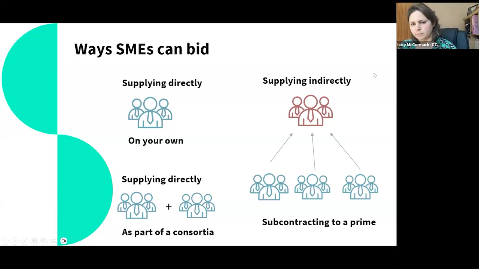And to find out about subcontracting opportunities, you can look on CCS's website and select search agreements. And when you find an agreement you think would be a good fit for your offerings, you can click on it, go to products and suppliers, and there'll be a list of all of the prime suppliers and their contact details, enabling you to reach out to whomever you wish to ask about those subcontracting opportunities.